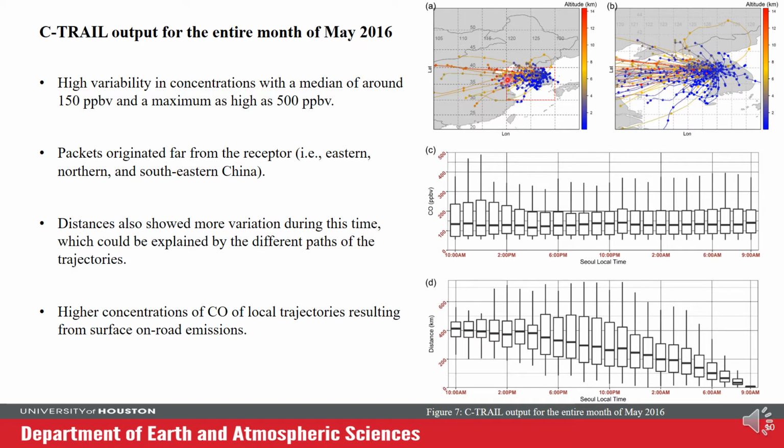This one presents the path of all the trajectories. This one is the zoomed-in area for the Yellow Sea and the Korean Peninsula. The color of the ball shows the altitude. You can see the blue ones are local, and the red and yellow ones are coming from far distances.